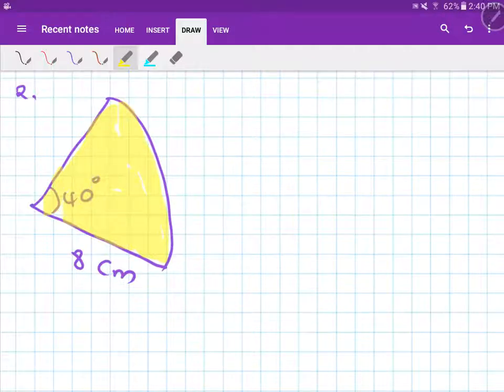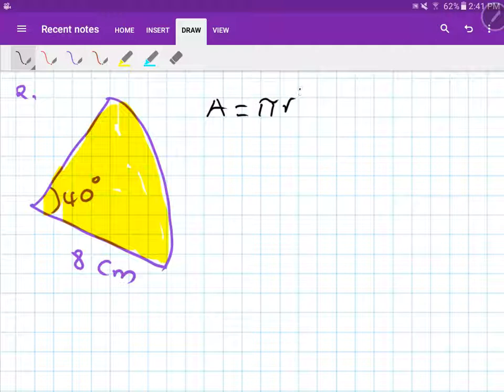So the area of this is, remember, area of a circle is pi r squared. If you do this, pi r squared gives you a whole circle, but we only want 40 degrees out of 360, because a whole circle is 360 degrees. So we just times by a fraction of it, which is 40 out of 360.